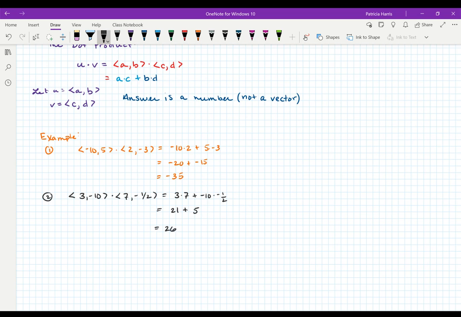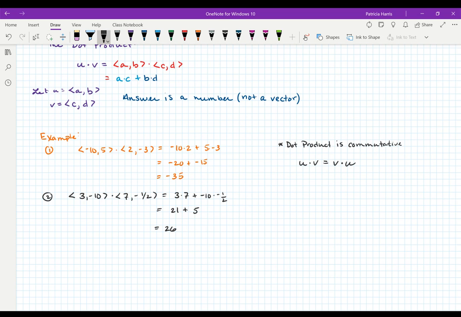Okay, things to note: dot product is commutative. So what that means is I can dot product u and v, and it'd be the same answer as v dot u.